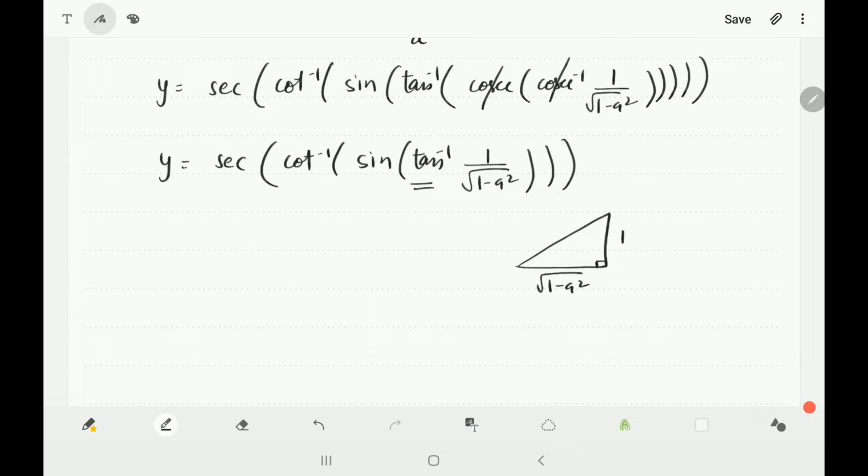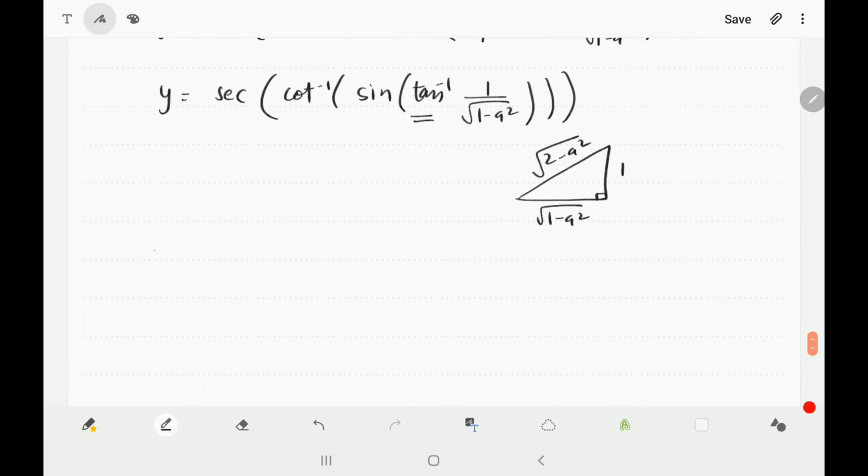Is this clear? Okay, so we get hypotenuse as under root of this square plus this square, which is 2 minus a square. So we'll now be having y is equal to secant of cot inverse sine of, in place of tan inverse you have to write sine inverse. So you'll be writing sine inverse of 1 by under root of 2 minus a square.